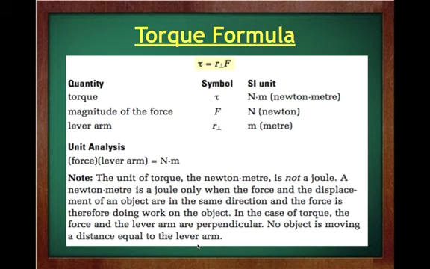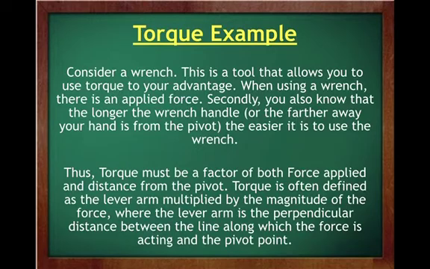If you're pushing down on something and it's rotating around, that doesn't count. So again, the force has to be perpendicular to the lever arm. In the case of torque, force and the lever arm are perpendicular, so that's why this is not a joule. All right, weird thing.